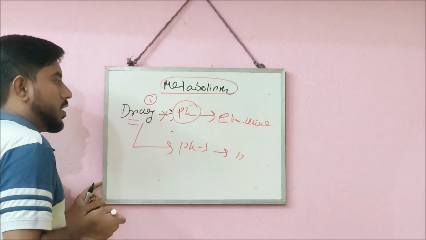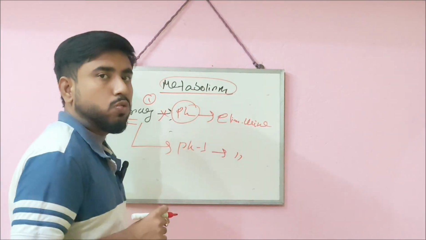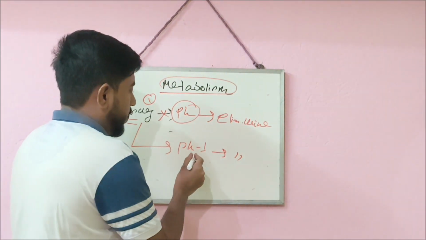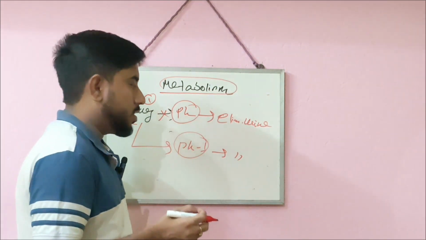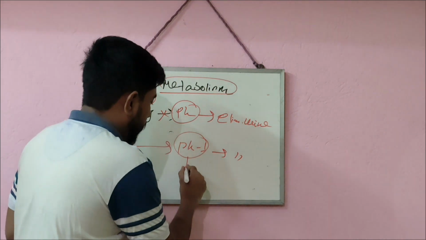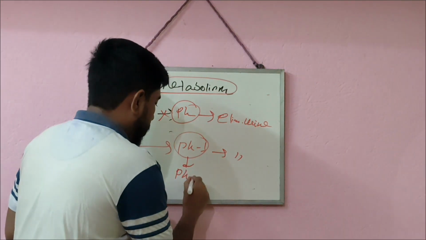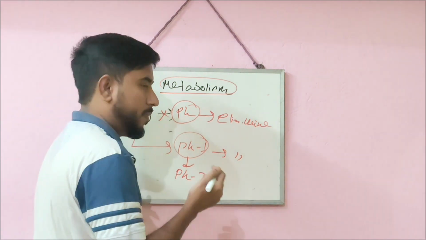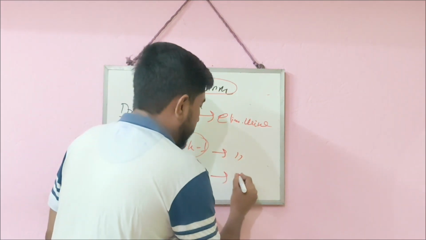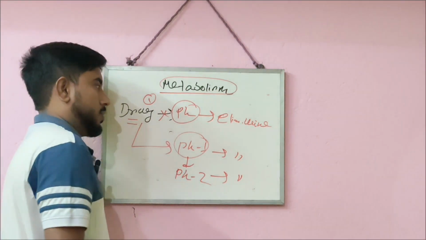And some drugs will not become sufficiently hydrophilic or polar after passing through phase 1 reaction. So those drugs will go through phase 2 metabolism after phase 1, converting into a fully hydrophilic or polar metabolite, and then can be eliminated through urine.